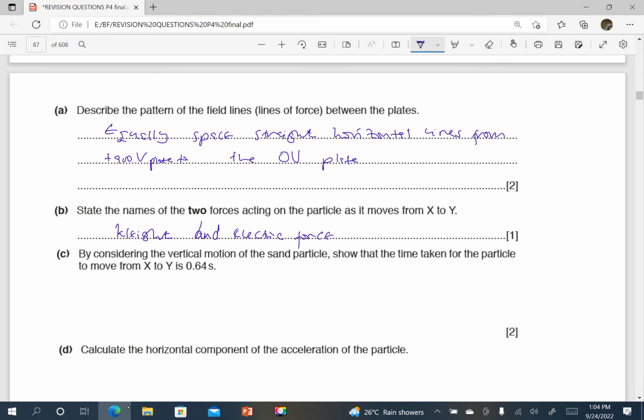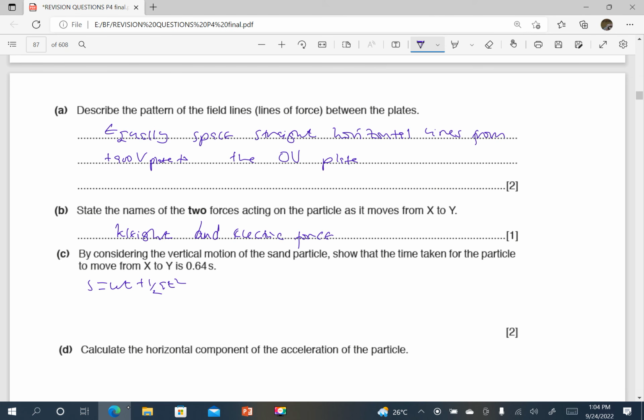By considering vertical motion of the sand particle, show that the time taken for the particle to move from X to Y is 0.64 s. We are going to use s equals ut plus a half at squared. When I consider vertical motion, initial velocity is 0, remember?